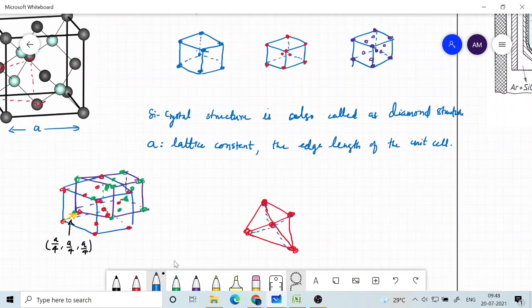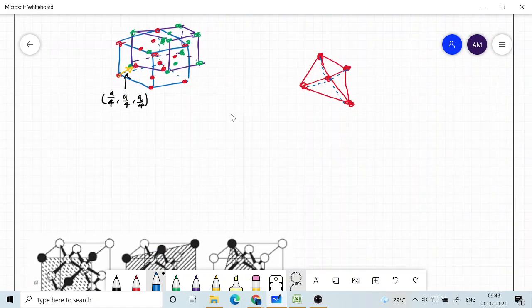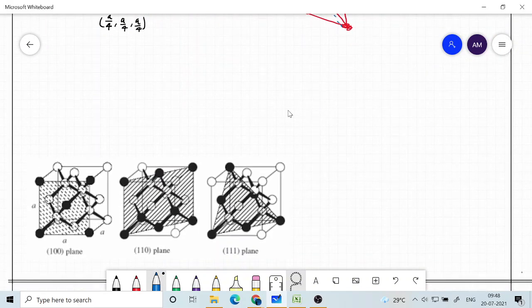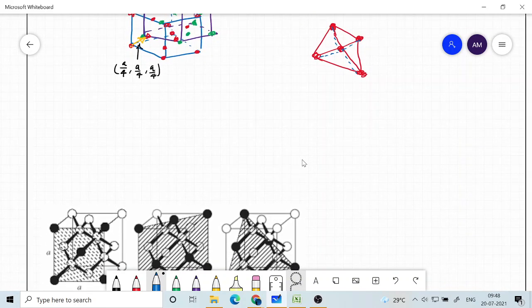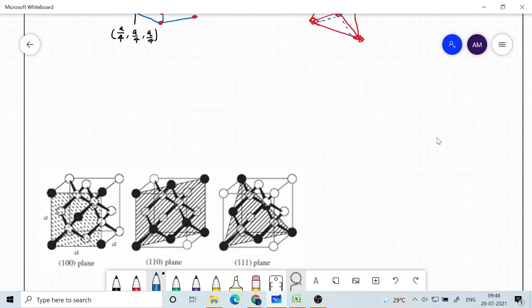Now why it is important to consider the structure of this atom is because there are various planes inside the silicon crystal which becomes very important in deciding the property of the wafer. Okay, ultimately we will make a big crystal which is called wafer, which is a slice of silicon crystal.